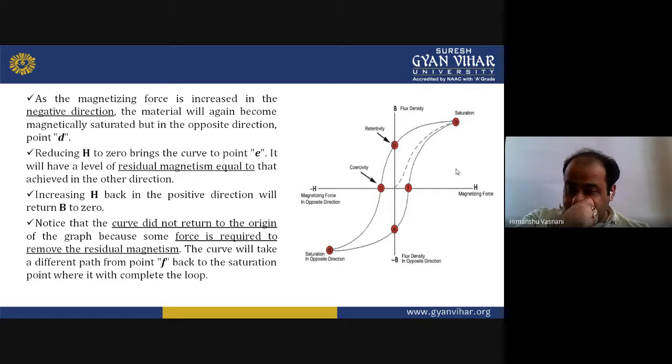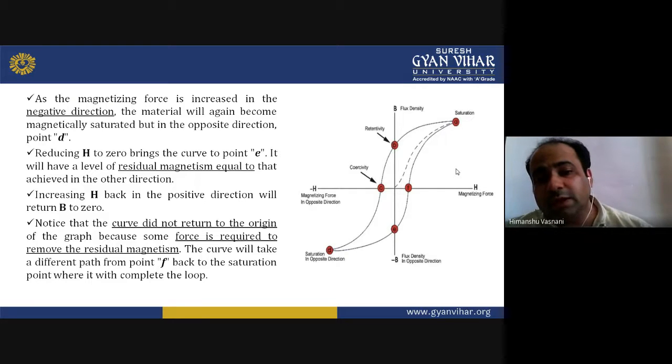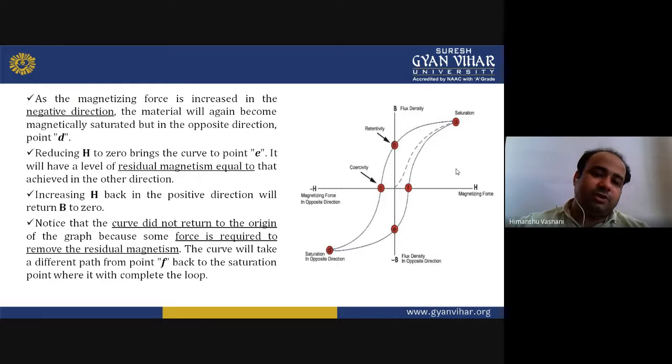Now they are again reducing the value of the magnetizing force, that is H, to zero. This will bring the curve from point d to point small e, and it will have a level of residual magnetism equal to that achieved in the other direction.